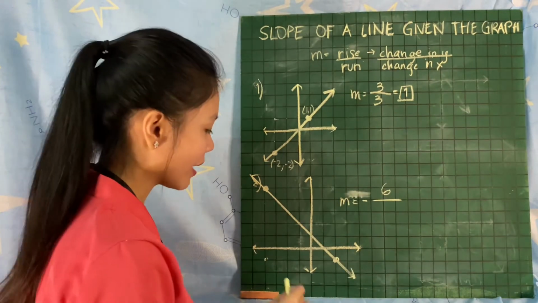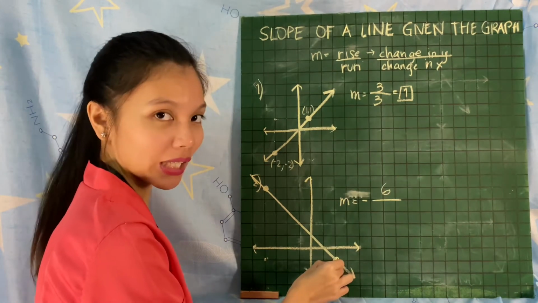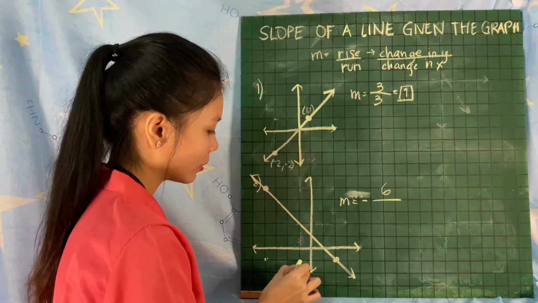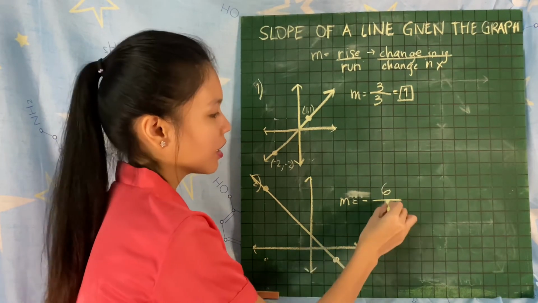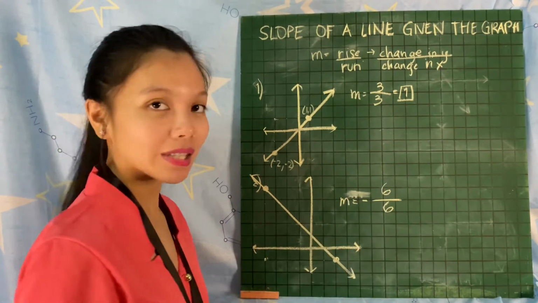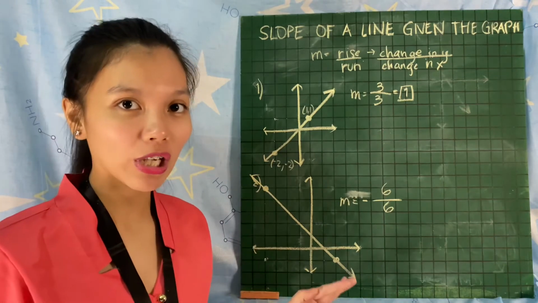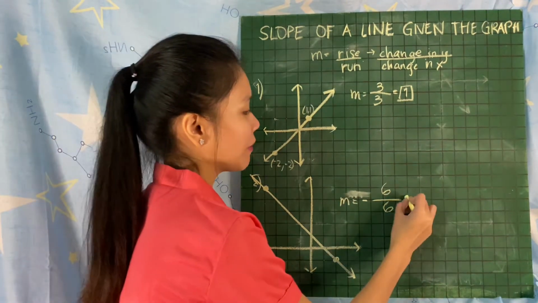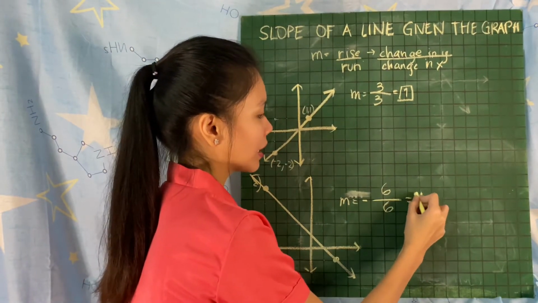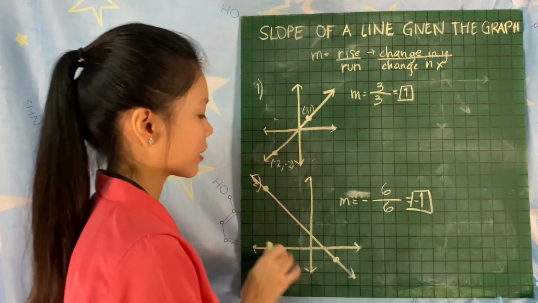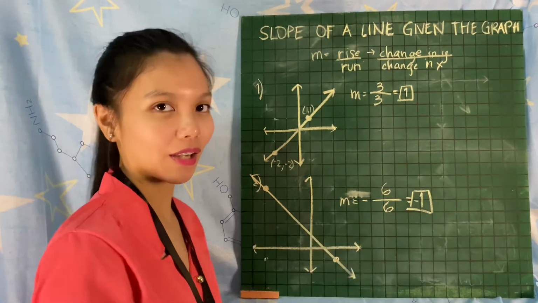And for the run, pumunta lang tayo sa point na to: 1, 2, 3, 4, 5, 6. So, another 6 steps from left to right, which is the run. Simplify, the answer will be negative 1. So, the slope of this graph is negative 1.